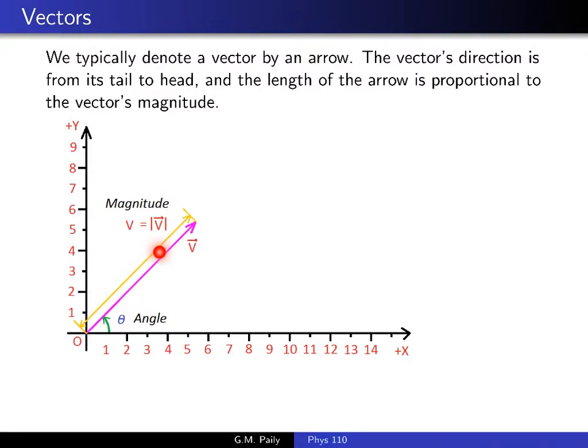So here we have v with the arrow on top between two vertical bars. So this is the operation of taking the magnitude of the vector. Remember that the magnitude is just a number with units. It does not have a direction. So you need both the magnitude and the angle or the direction to reconstruct the full vector.